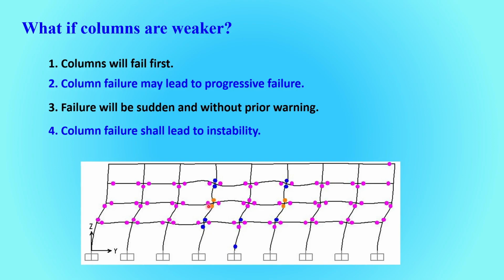So if all the members meeting at the joint fail simultaneously, they form an unstable condition here and the analysis will not progress further. Whatever analysis procedure you apply, it will not be able to converge to a solution. So your nonlinear analysis will simply stop. You are not able to run your earthquake analysis for the full time of the earthquake. So you can say this is instability in the analysis.